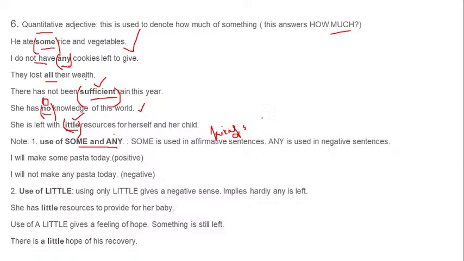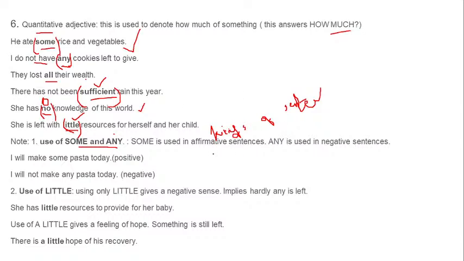The kinds of sentences have to be known. Affirmative means something which is positive. There is no negative sense. There is no use of not or none like these. These are the negative words, right? Which implies no.